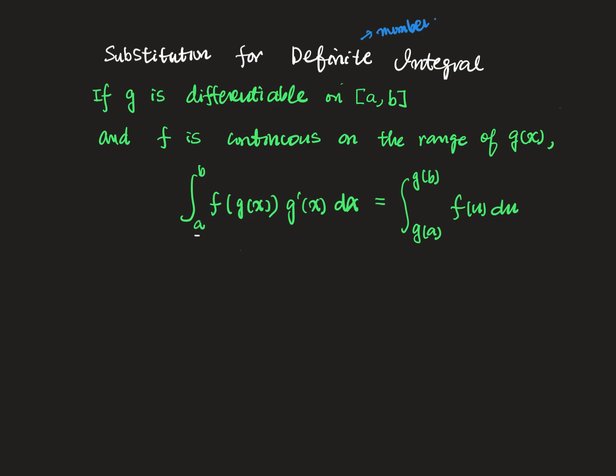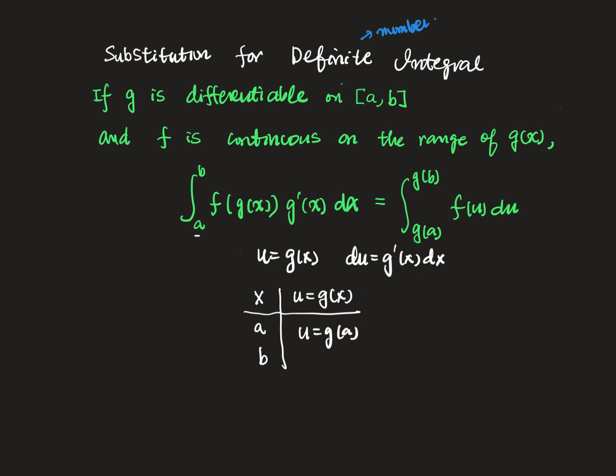Here, u is g of x and du is g prime of x dx. Now, what is the problem? Here is a number, and here is a number. For x, the lower bound is a and the upper bound is b. So u is g of x: a becomes g of a, and b becomes g of b.